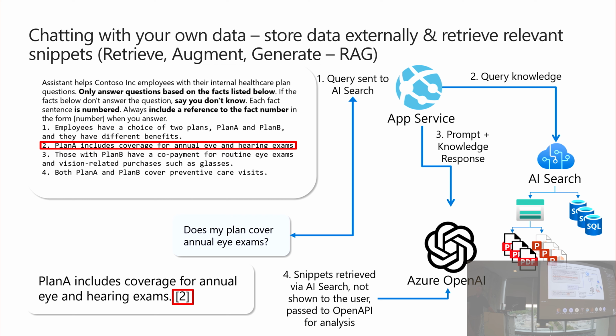Take your data, your PDFs, your PowerPoints, your SharePoint documents, whatever you've got, have AI search index them, and then in your application, you're going to query the search engine index, retrieve relevant snippets of all those documents that have something to do with the user's question, and AI search does that for you, just like you type a query into Google. You're going to get back 10 links, but you still have to go and read all those 10 links to see which one actually answers your question. This is the same idea. We're going to let AI search generate the 10 links, but then we're going to let OpenAI decide which one of those actually had the real answer and answer back to the user.